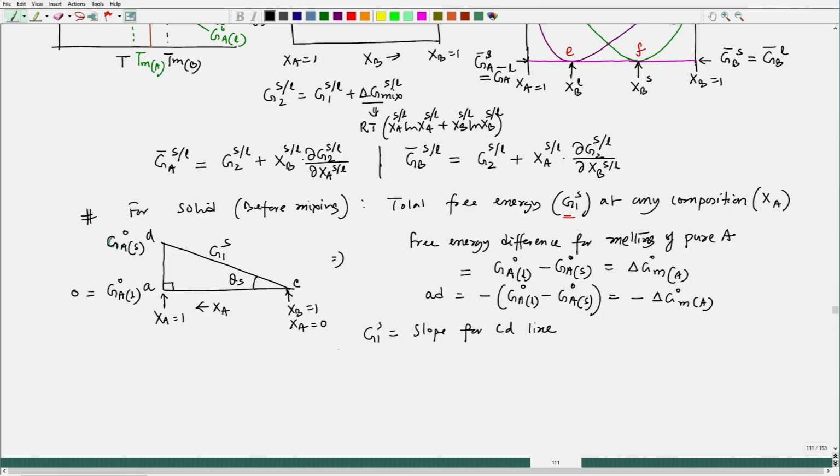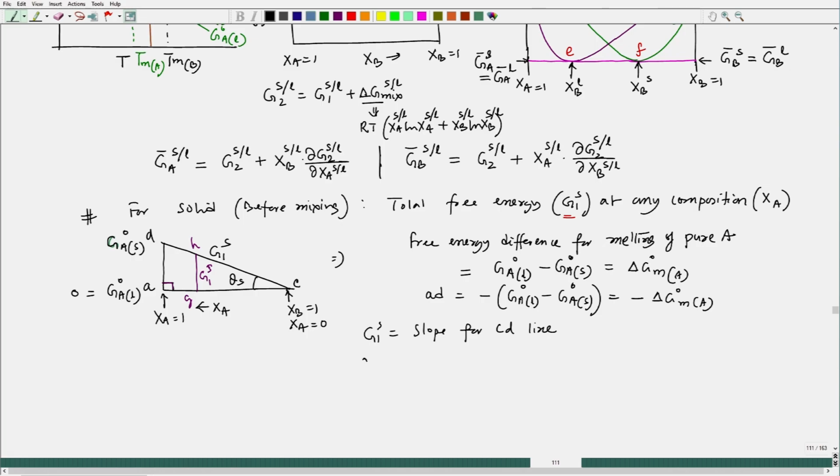So now we can take any composition, let us say this is the composition I am taking. At this composition, if I try to find G1 S, let us say this point is G and this is H, considering that this is a right angle, this is 90 degrees.